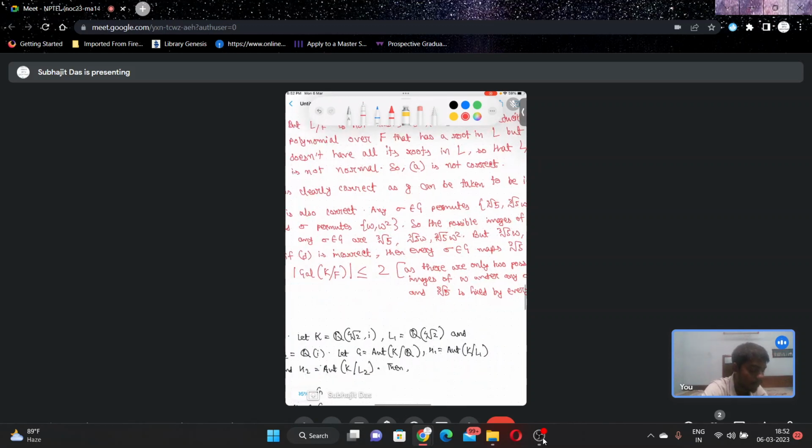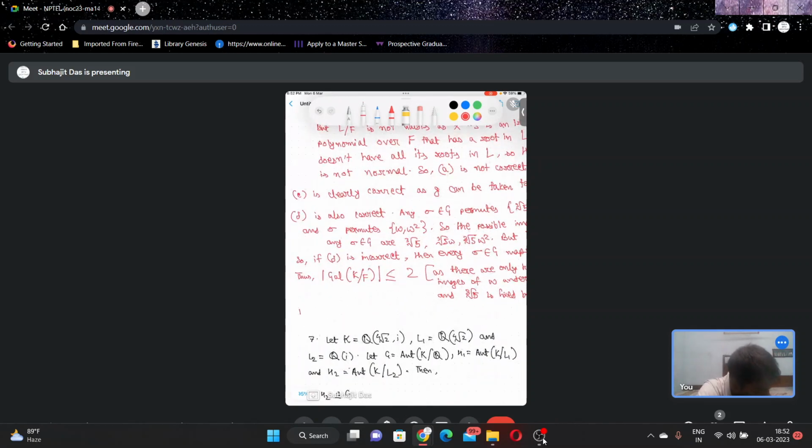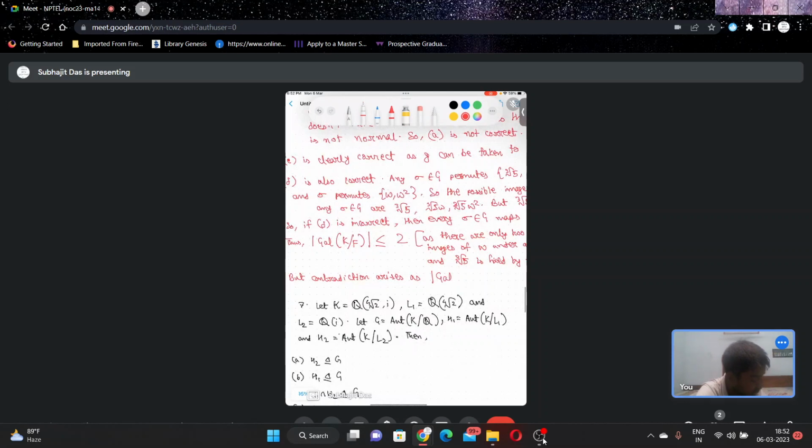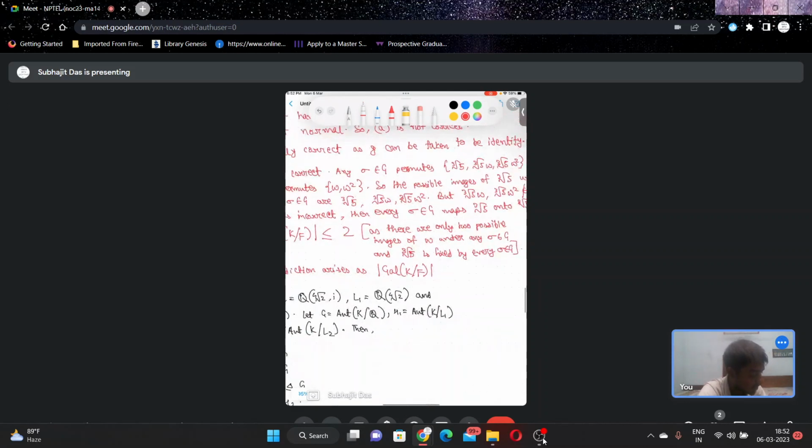And since any automorphism of the Galois group is completely determined by where it sends cube root of 5 and omega, the number of automorphisms is at most 2, right? This is what would happen if we assume that D is incorrect, but the contradiction arises as the cardinality of the Galois group of the extension K over F is equal to the degree of the extension K over F, which is equal to 6.